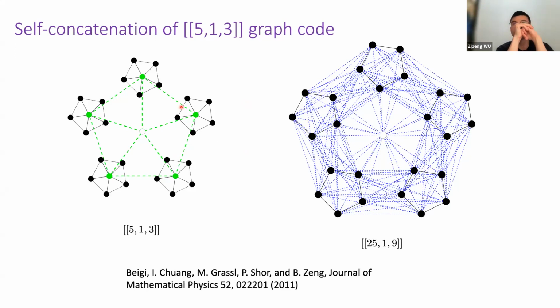After this setting, the resulting concatenated code will remain a graph code, and the graph of the concatenated code will be the generalized local complementation of the original graph of the outer code and the inner codes.